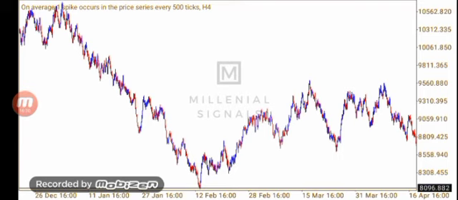So if you are able to identify the market structure, you are able to define your trend. Is it an uptrend? Is it a downtrend? Then this will help you to know whether it is safe for you to buy boom or to sell crash. I hope I'm making sense, guys.